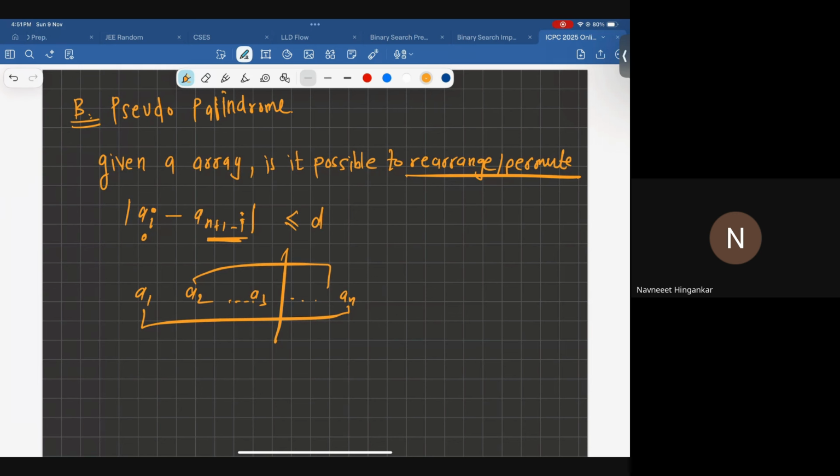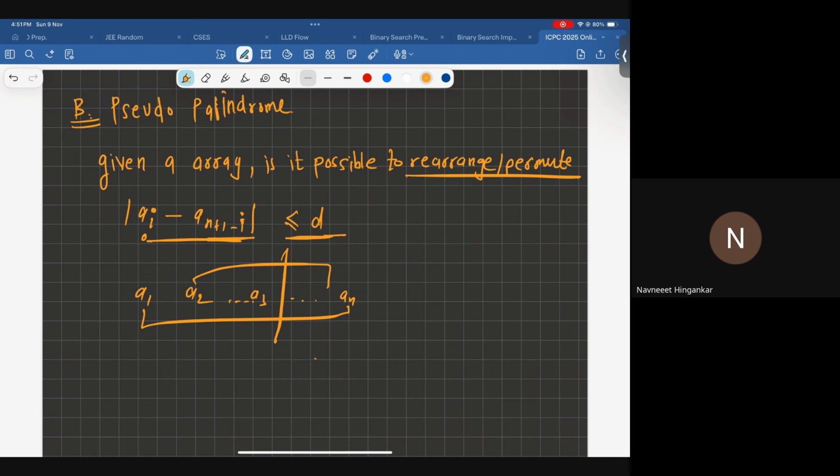So the moment they said that, the first thought in your mind should be that we could rearrange the numbers on the number line, because the moment we know that something is around this, it's always the sorted part. Most absolute differences, or any kind of difference problems, are related to the sorted portion.